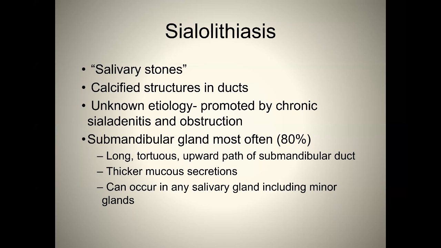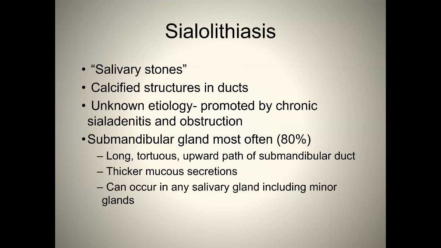So in order to get saliva out of the submandibular gland, the saliva must go against gravity upwards on this very long and kind of windy, tortuous duct. If anyone has seen the submandibular duct grossly in a cadaver or when studying gross anatomy, you know that this is a very windy, twisty, almost pigtail-like duct.